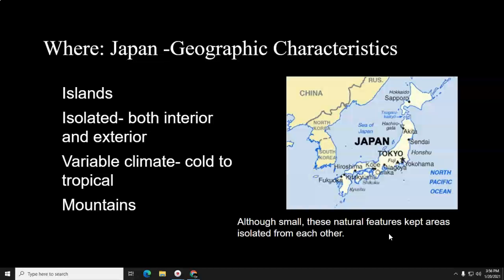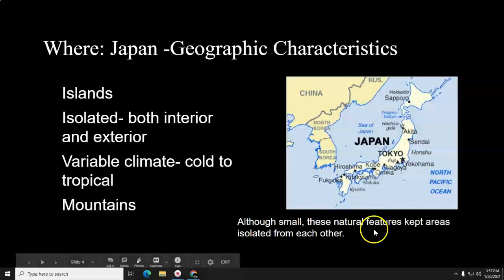The most northern parts of Japan and the highest elevations are very cold, and then the lower southern parts of Japan are tropical, and there are lots of mountains. And even though Japan itself is not a large country, it's long and stretched out, but because of all these obstacles, it wasn't easy to get from one part of Japan to another. So the different parts inside tended to be isolated, and that's going to be important.